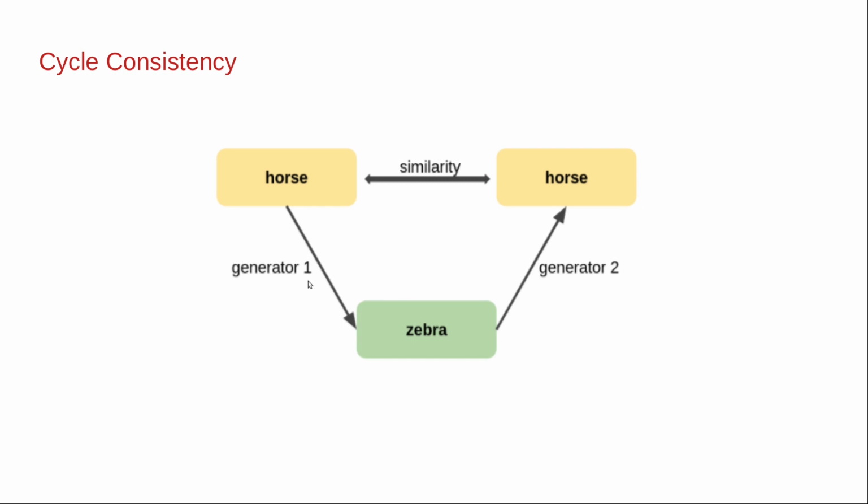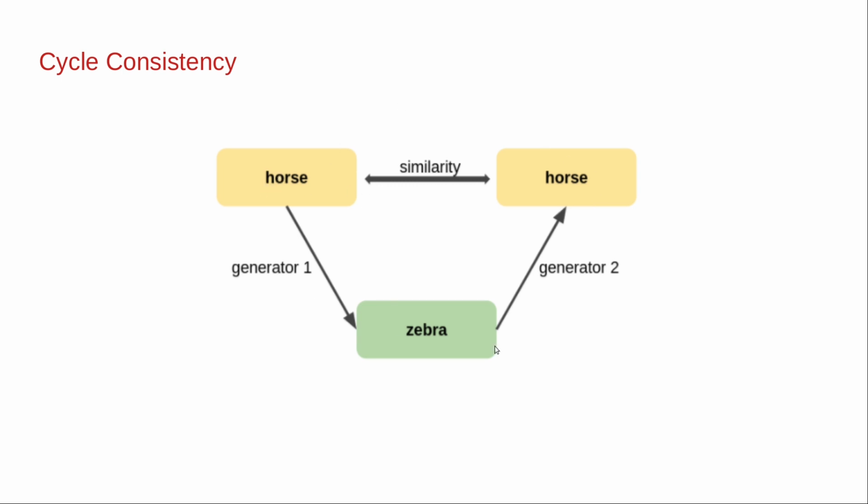Then this output from generator 1 is again passed through the next generator 2 to create back the horse image. So after the original horse image passes through two generators, it is reconstructed as a horse image, and in the ideal scenario, these two horse images should be exactly the same, but they will not be the same in practicality, and to the extent that they are different, that's my cycle consistency loss.